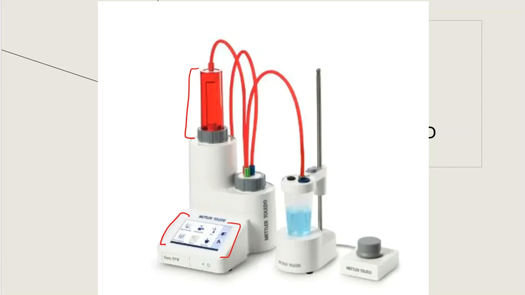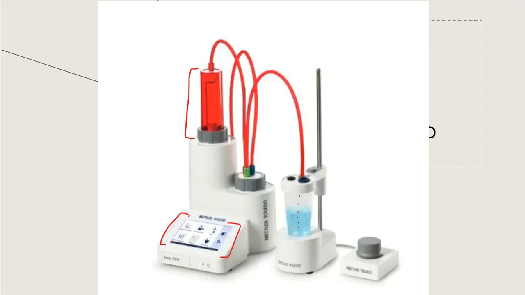The burette gets loaded with a titrant from a bottle. It's not really shown here, but there's often a bottle connected to this instrument that's off to the side. It's not in the picture. And then finally, that titrant gets delivered in drip, drip, drip portions into my sample that has a stir bar and a magnet on the bottom. All right.